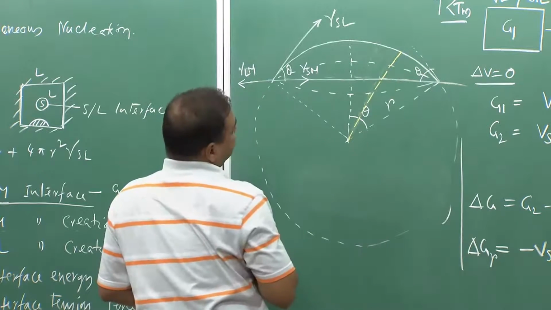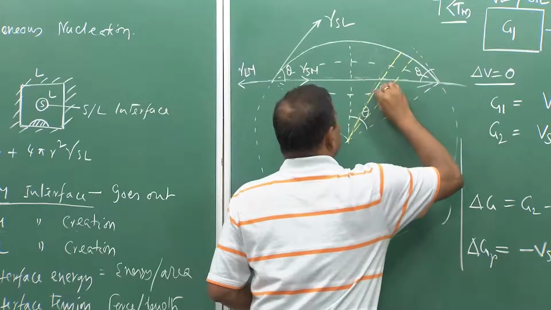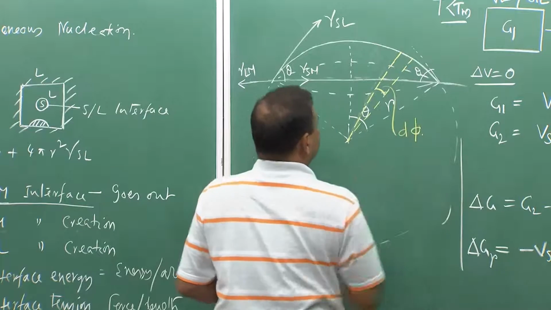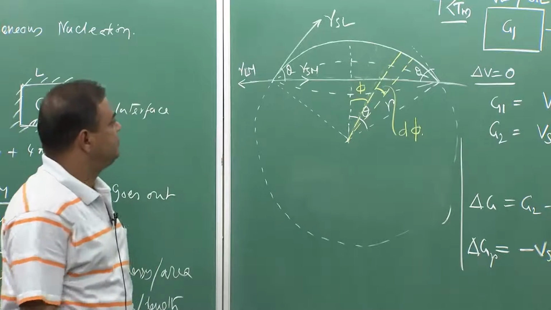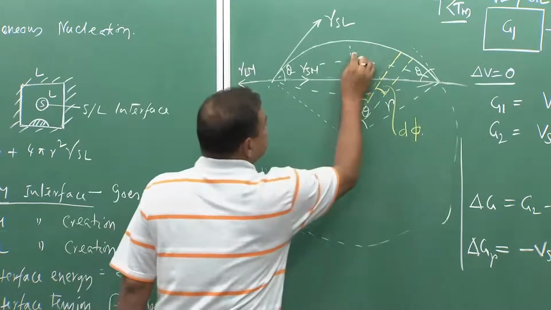If I take this particular segment, this is to be d phi, and if this is angle phi, then I will just do the integration and then we will get the value.